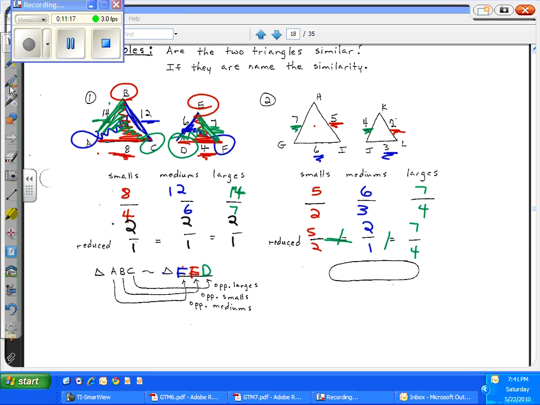Those are not equal. Therefore, they are not similar.